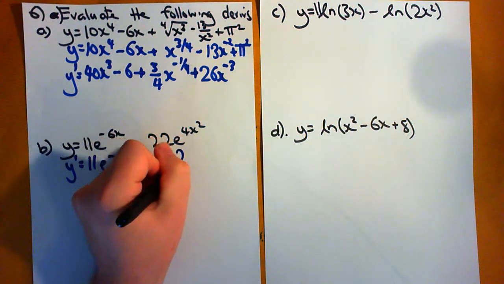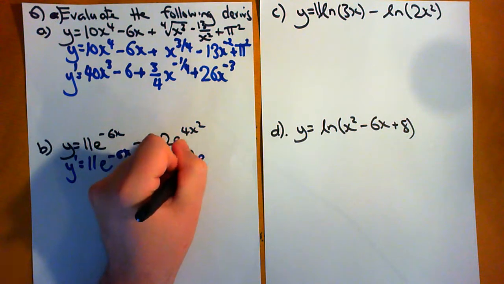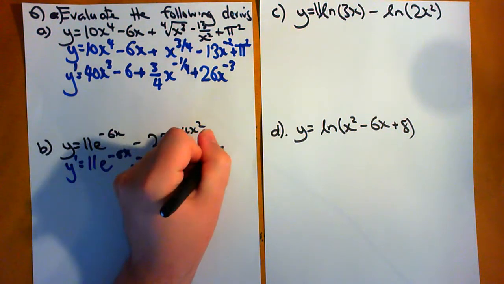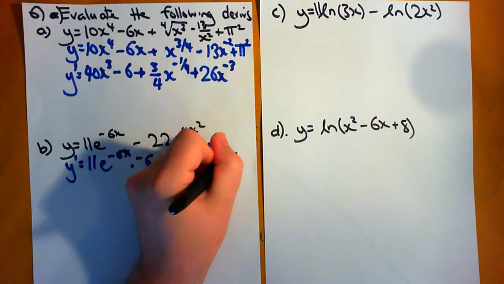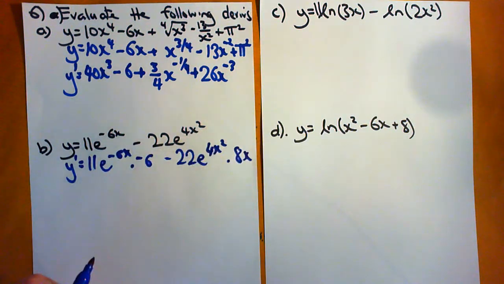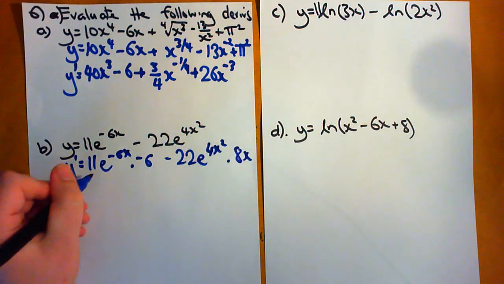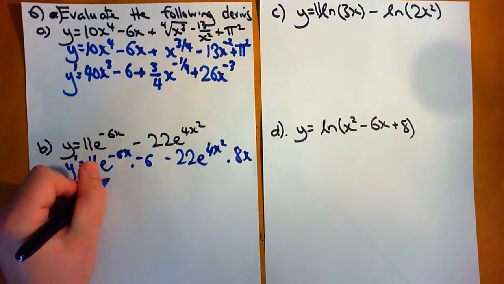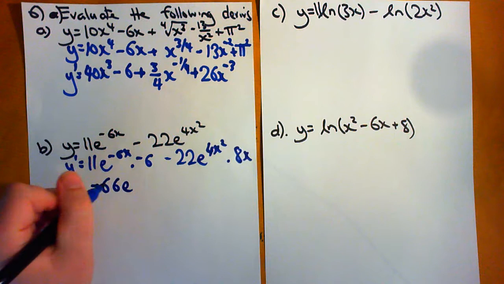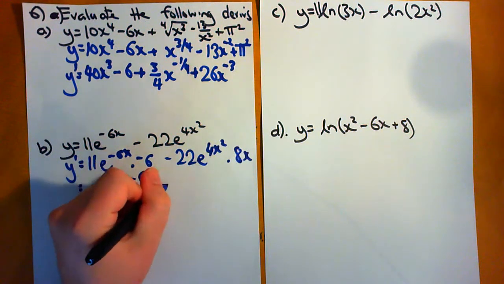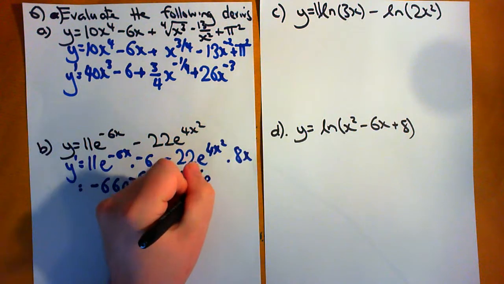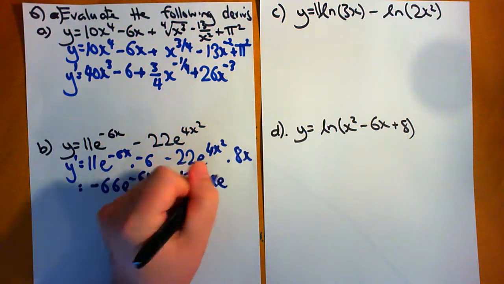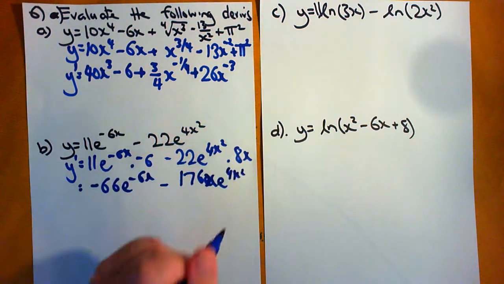Minus, here we've got 22 as a multiplying constant. E to the 4x squared stays as it is, times the derivative of that power, which is 4x squared differentiates to 8x. 11 times negative 6 is minus 66e to the minus 6x. 22 times 8x is 176 times x, e to the 4x squared.